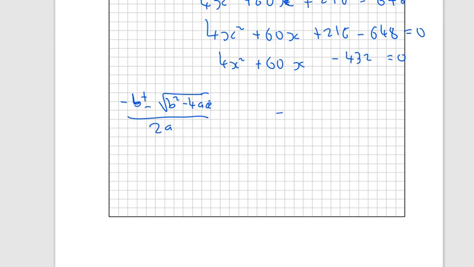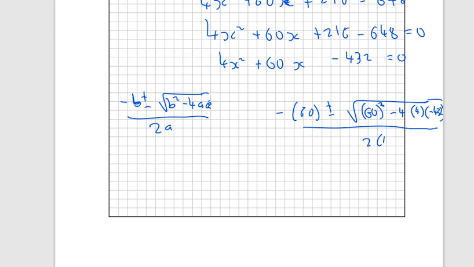So if you sub it in, it's minus 60 plus or minus the square root of 60 squared minus 4 times minus 432, all over 2 times 4. And we get minus 20.3.